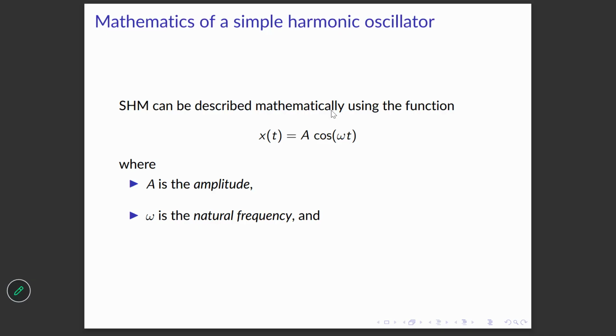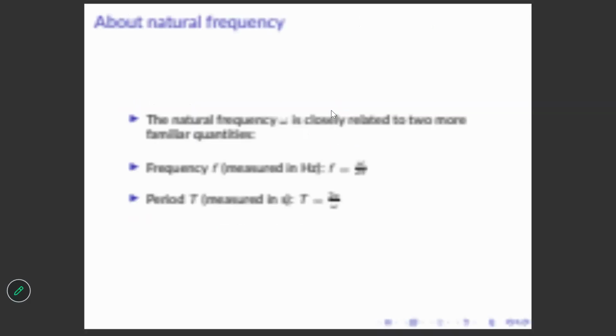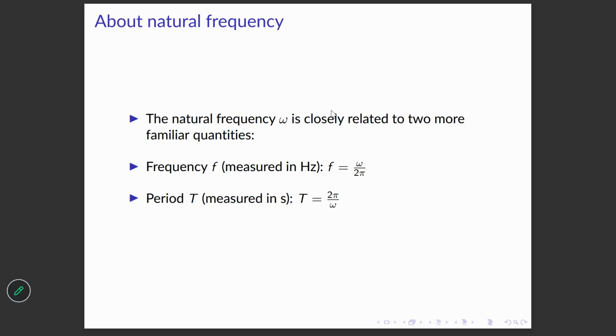However, omega is not quite the same thing as frequency f. Natural frequency, frequency, they're related, they are not identical. Natural frequency is off by a factor of 2 pi. In the equations, if you just write sine of 2x, sine of 2t, whatever, the single number in there, that is the natural frequency.